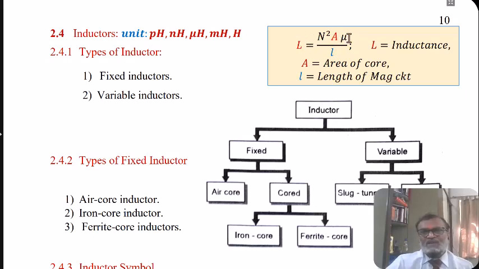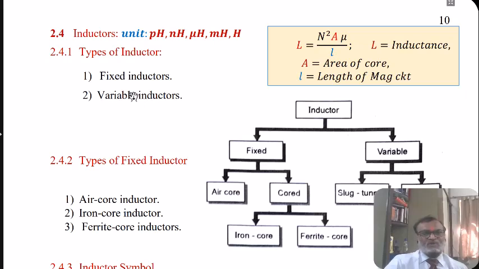Mu is the permeability of the material used for the core, and small l is the length of the magnetic circuit, while capital L on the left hand side indicates the inductance offered by the assembly. So we see that the inductance can be increased by increasing the number of turns, the area of cross section of the core, or the permeability of the core, and it is inversely proportional to the length of the magnetic circuit.